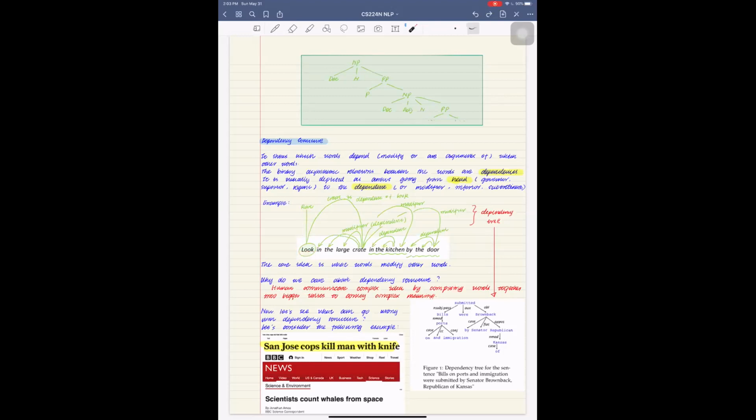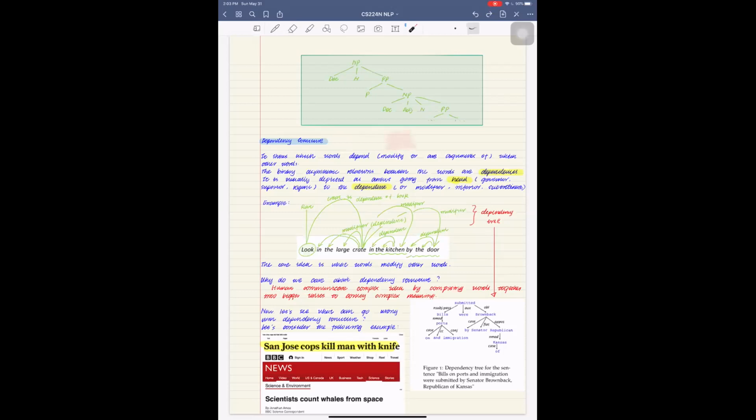Second, we need to find a word that is correlated to look, or that is the dependent of look. And it turns out it should be crate. Okay, a dependency structure always starts from the root, then goes to the verb. I don't even understand how English says that. It's called 谓语.